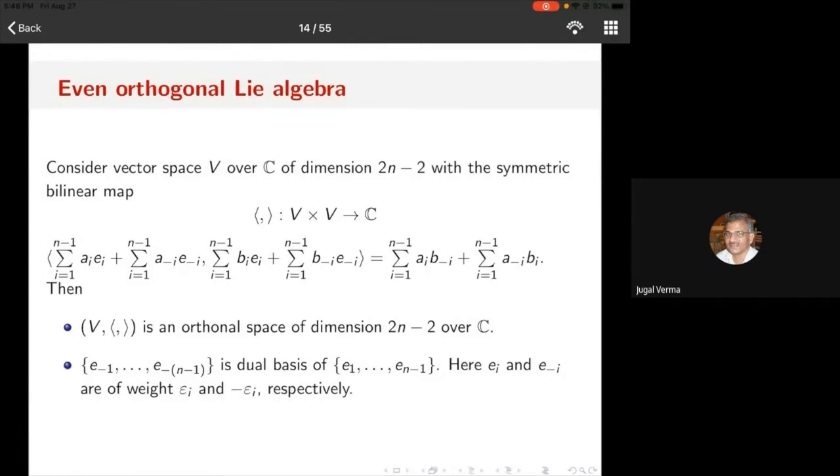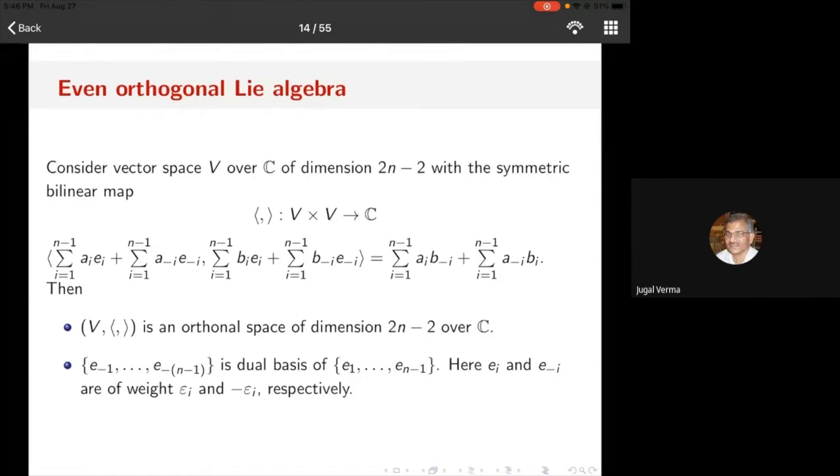V paired with this non-degenerate bilinear map is called an orthogonal space of dimension 2n minus 2 over C. And because of the way the bilinear map is defined, this divides the basis of V into two parts: e_1 to e_{n-1} and e_{-1} to e_{-(n-1)}.